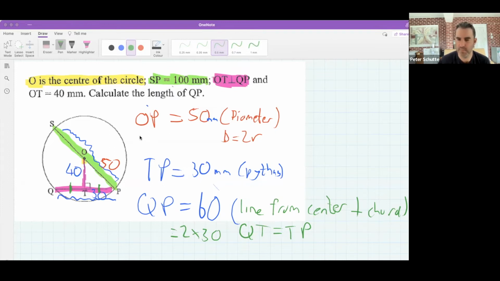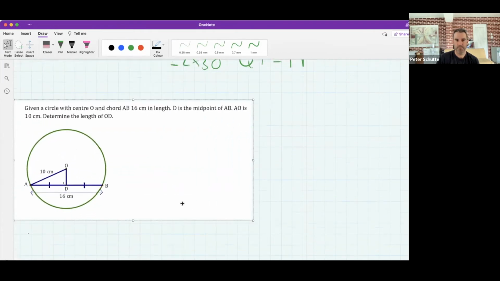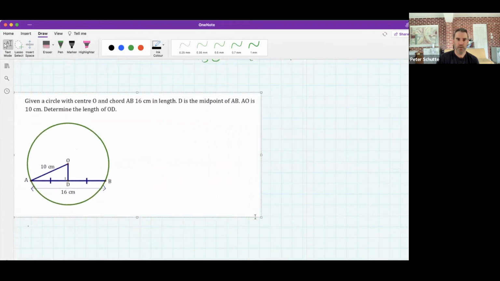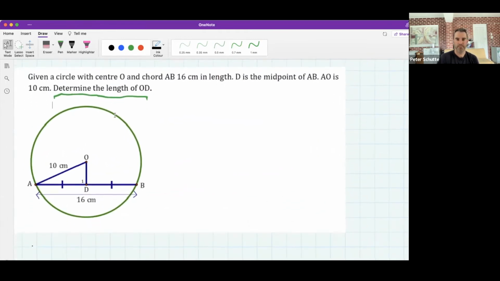Give me a thumbs up if pacing is okay and I can move on. All right. Let's do this one. So you need to find the length of OD, which is this length here.